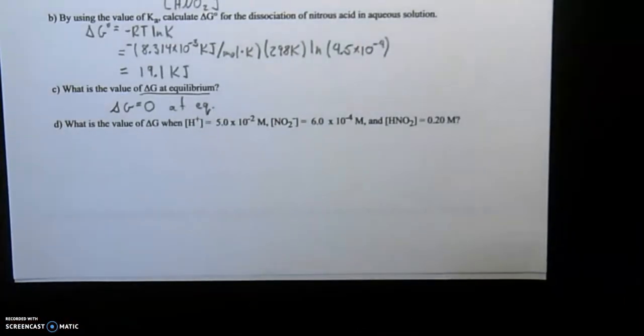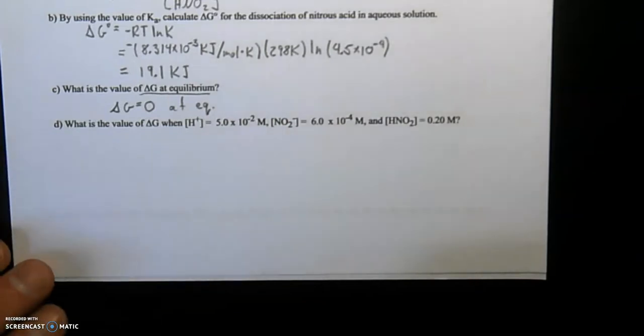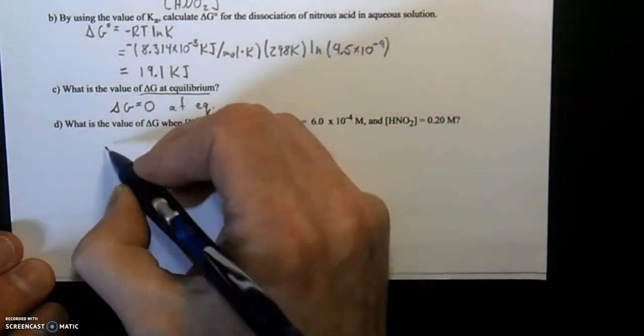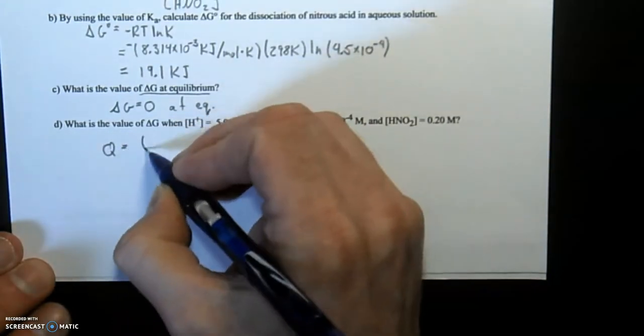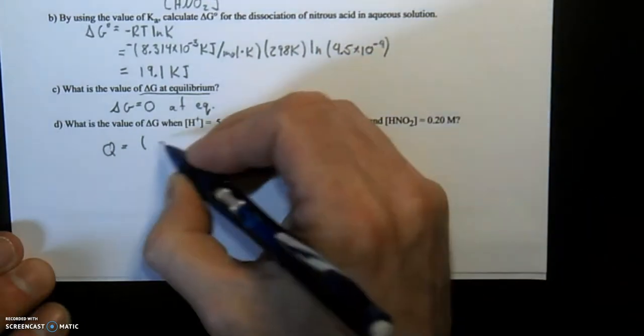All right, last part. D. What is the value of delta G when you have those values for these different concentrations? Sort of like a Q. So we'll figure that out. Alrighty. So again, the whole products over reactants.